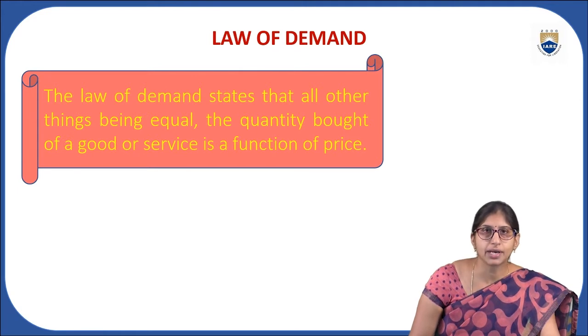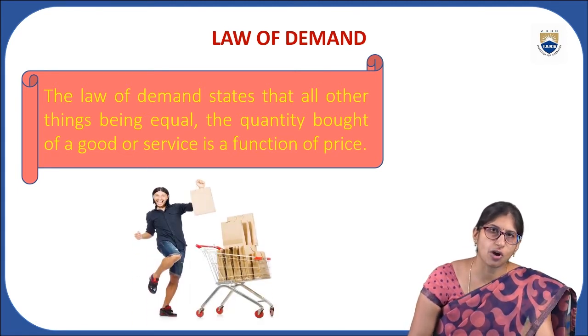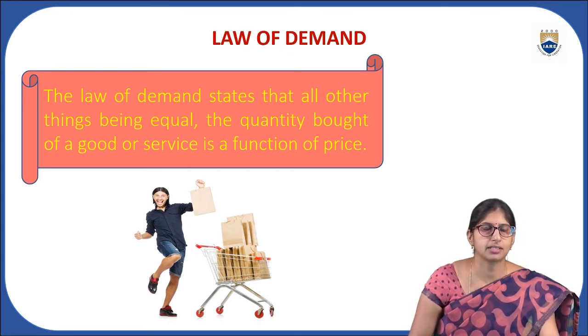So when price is increasing, there will be a shift in the demand. When we visit a shop and buy a few products and get one product free, do we feel happy? Yes, we feel happy.